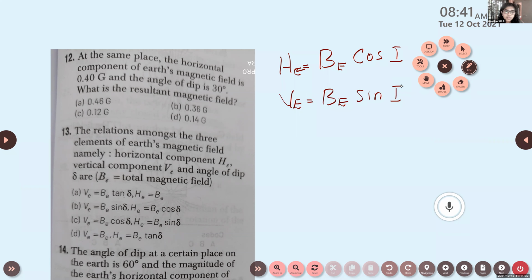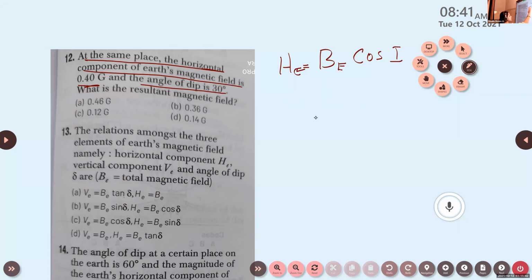The first one, because at the same place the horizontal component of the Earth's magnetic field is 0.40 Gauss and the angle of dip is 30 degrees. So what is the resultant magnetic field?